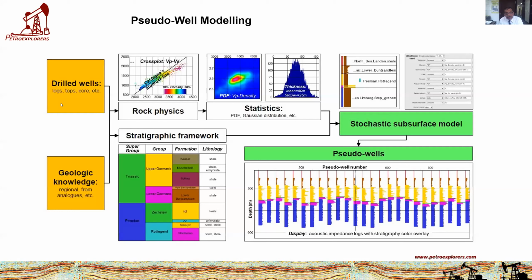So taking the drilled wells and the rock physics, creating the PDFs, probability density functions, creating properties for each interval, and the geological distribution as well: is it sand-shale layering, thin sand layering, or what kind of geology?